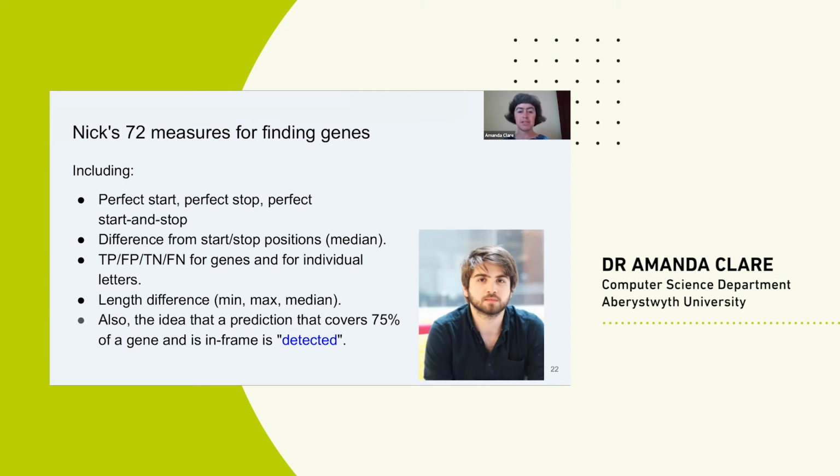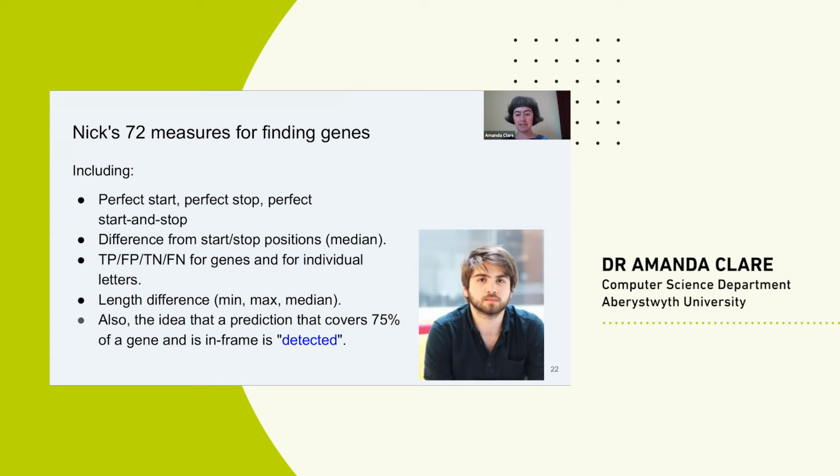We've got measures that look at the length differences we found, and we've got measures that express the idea that a prediction that covers 75% of the reality of the gene and is in frame, this is a bioinformatics term, and has the right properties, is one that we call a better prediction than most.